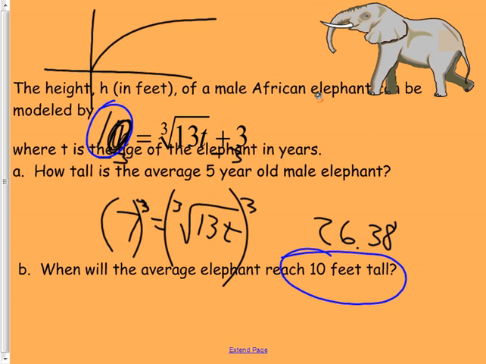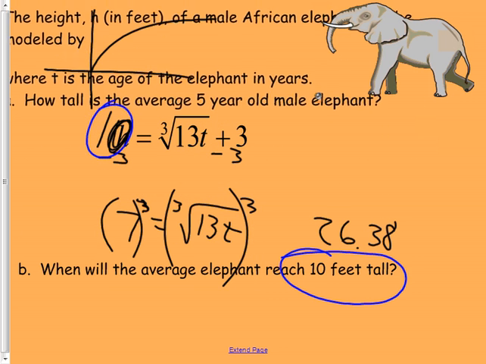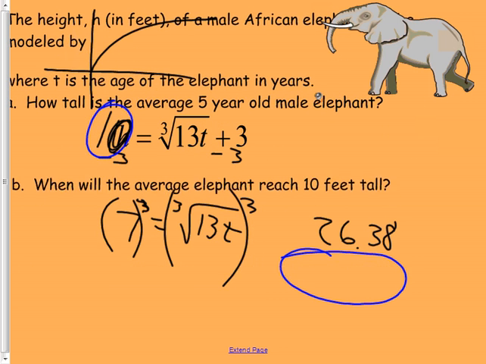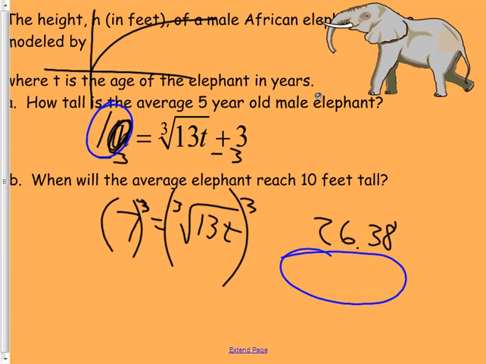There. I was trying to find the average. When will the average elephant reach 10 feet tall? So I'm trying to find a time because it says when. Okay, so final answer, 26.38. I can believe that. That's probably in years. It does say age in years.